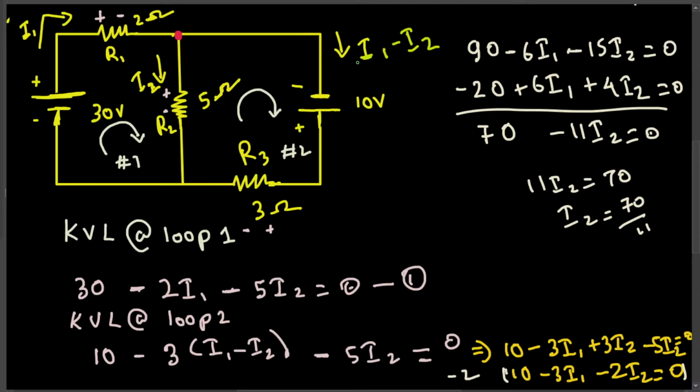Let me see if the direction is right. Positive 10, and then here we have minus 3 times (i1 minus i2), and then we have minus 5i2.